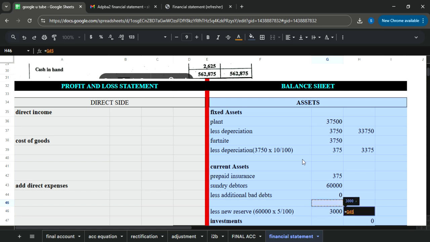First 60,000, and then you will subtract your additional bad debt, that was 0, and again new reserve is also to be subtracted. So final amount would be written over here. And for your kind information, please note less and less both are subtracted from debtors. So debtors amount has been mentioned over here.